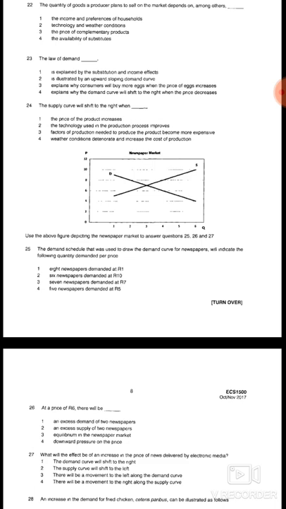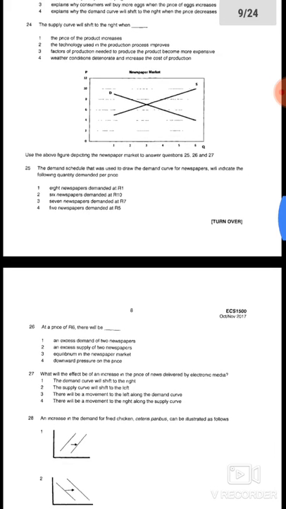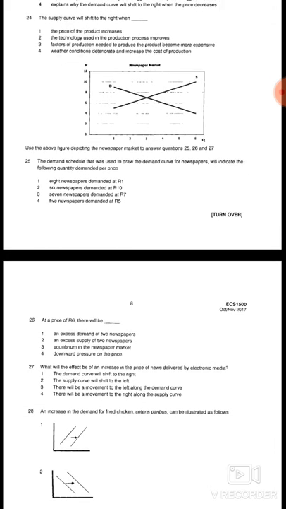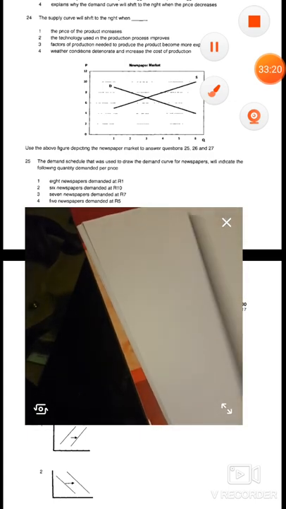Question 24, the supply curve will shift to the right when the price of product increase. Remember, price has nothing to do with the shift of the supply. So option number 1 is wrong. The technology used in the production improves. Remember when I said technology can affect the supply, so it means this option will be true.